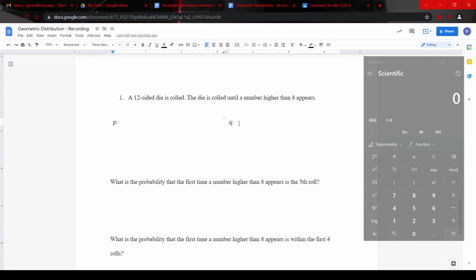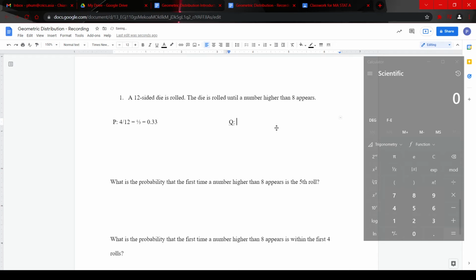There are 3 numbers higher than 8: 9, 10, 11. Oh, sorry, there are 4 numbers higher than 8: 9, 10, 11, 12. So 4 out of 12, which is equal to 1/3, or about 0.33.